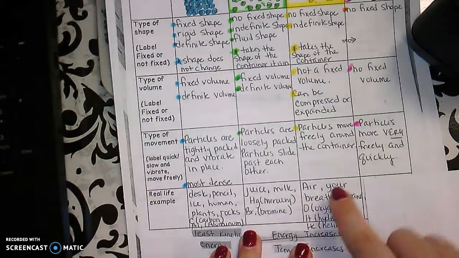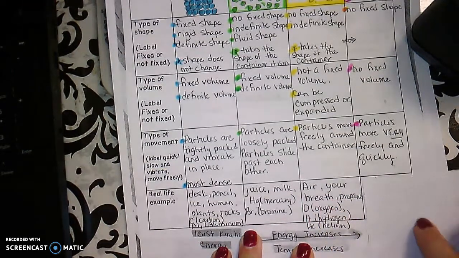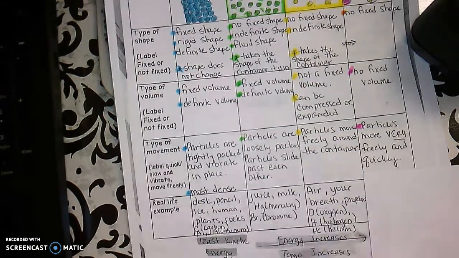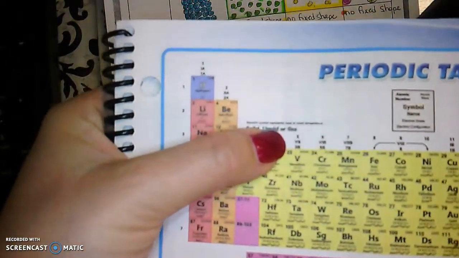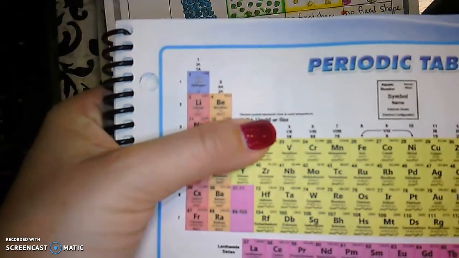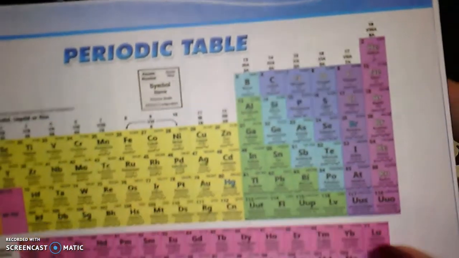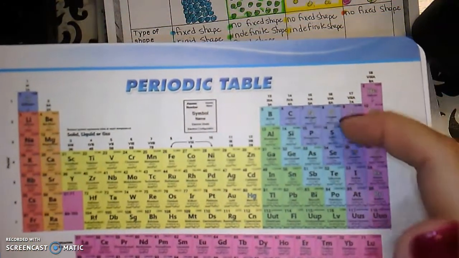Now for gases: the air, your breath, propane, like the propane that's in the tanks that you would hook your grill up to, to grill hamburgers with. And then on the periodic table, remember the gases, when we look at our key right here, are white letters with the black outline, and most of the gases are located over here in this last column, group 18, and then some right there.